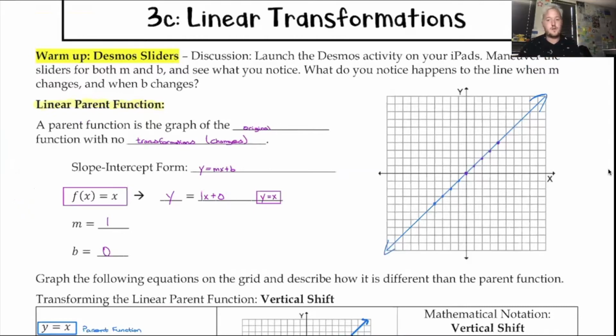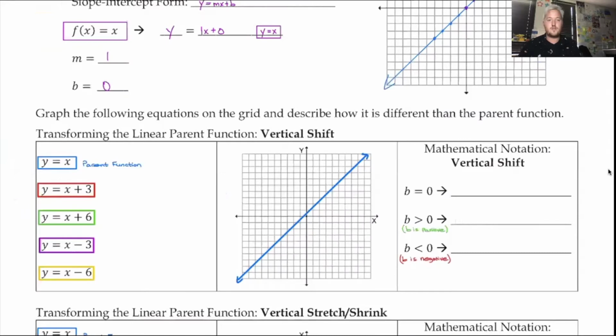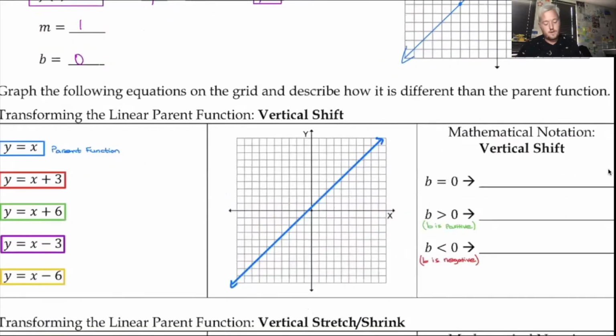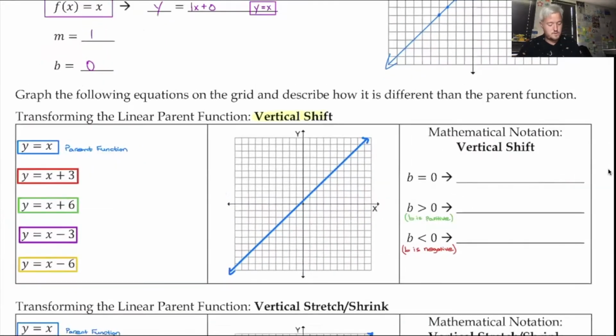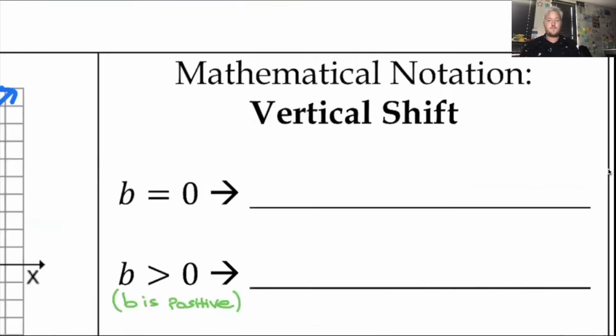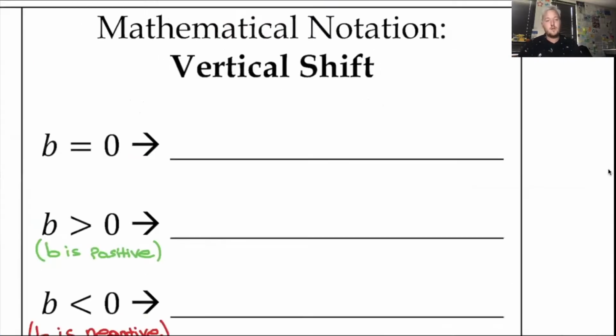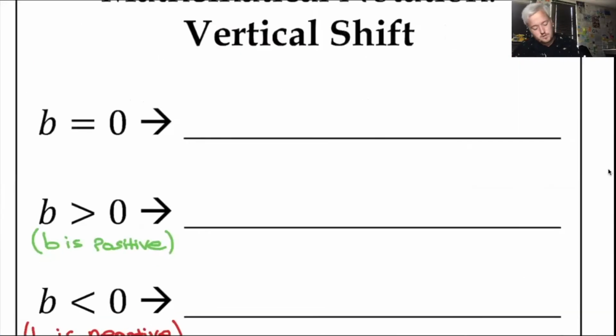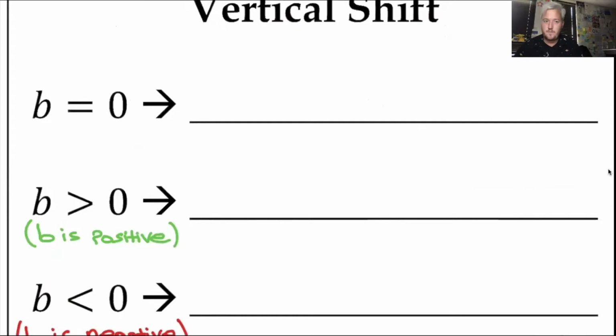All right, so we're going to graph transformations that involve what we call a vertical shift. We're looking more specifically at the b value. Over here, we have our mathematical notation. If we have a b value equal to 0, which is what our parent function has, it means there is no vertical shift.